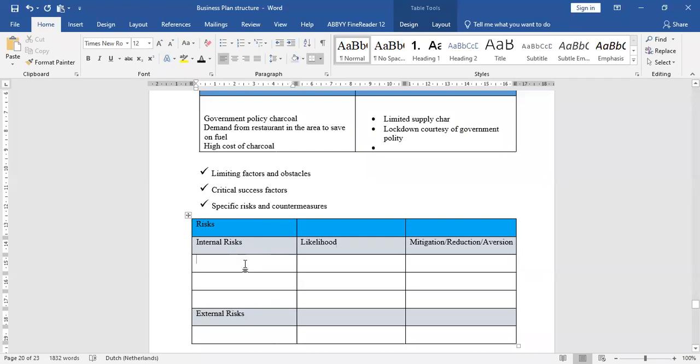These are internal things that are within. If you get a wrong machine, what happens? Some of you want to buy machines. If it doesn't work, if it wears out, if the technical team is not competent, what is the likelihood? How are you going to overcome it? External things like lockdown are beyond your control. So you'll find they are fairly related.